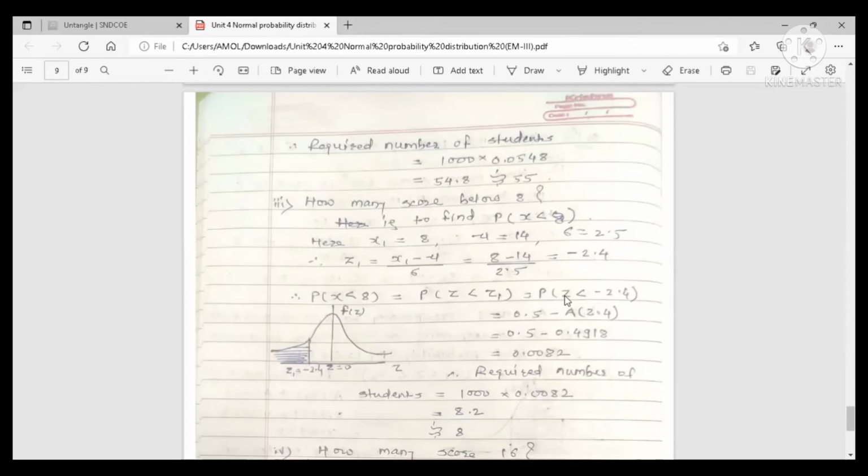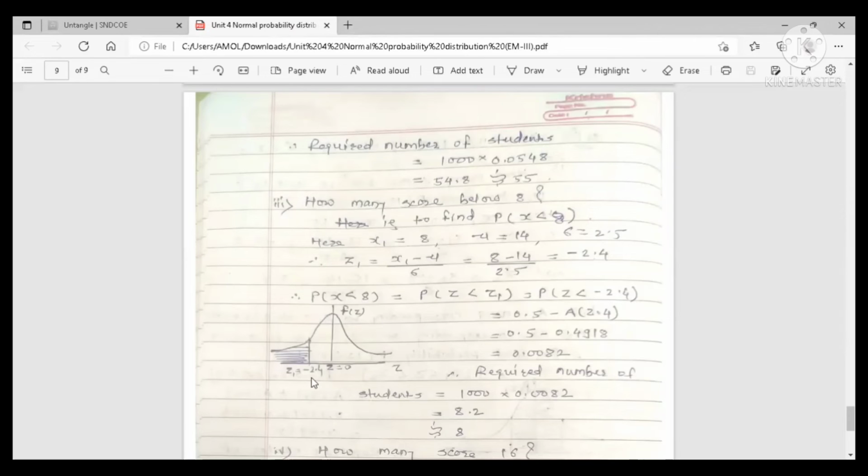So you find the probability when Z is less than minus 2.4, meaning the probability of this shaded portion. Now how to calculate the probability of this region? The area of this complete left hand side region is 0.5.